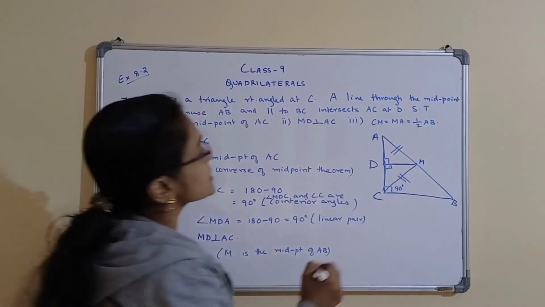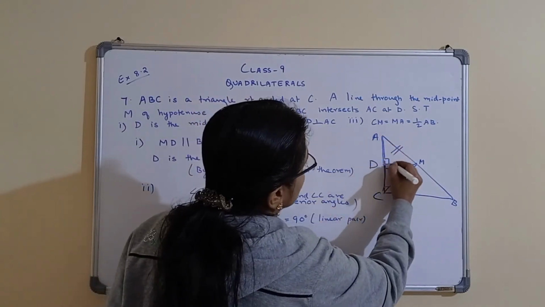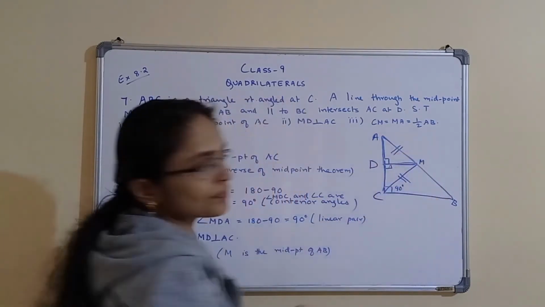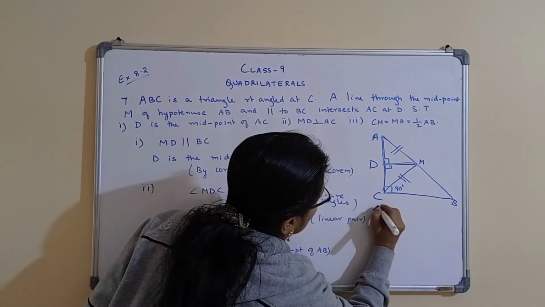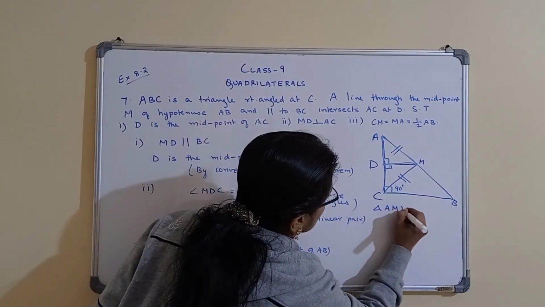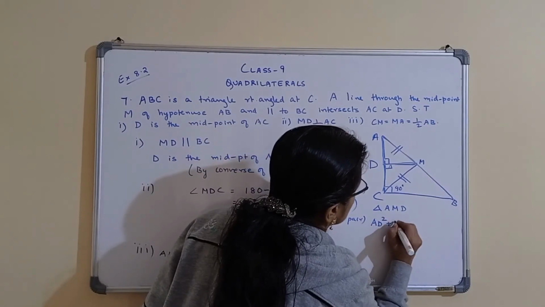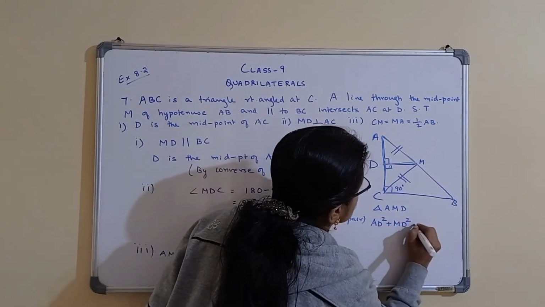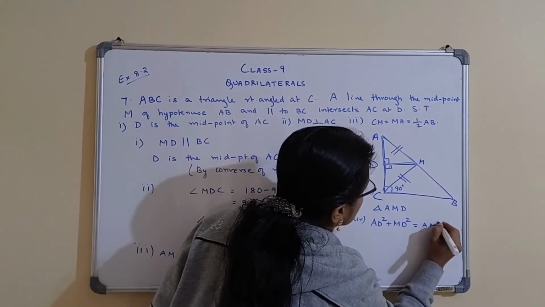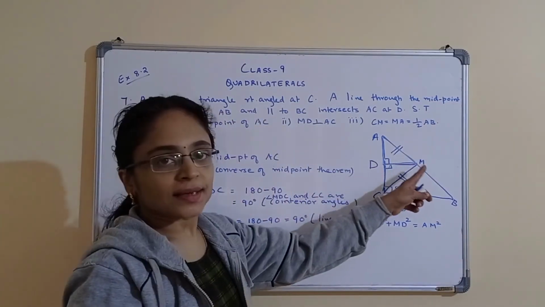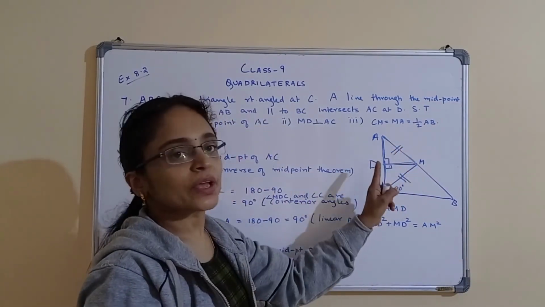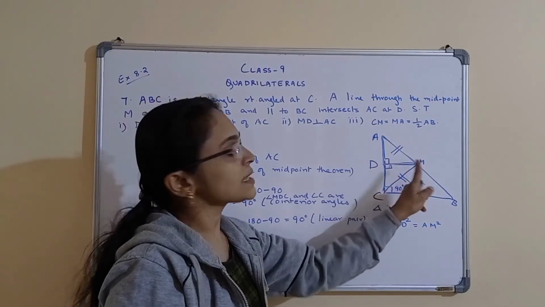For that, first let us take this triangle AMD. Okay, so taking triangle AMD, we have AD square plus MD square is equal to AM square, right? Because this is a right angled triangle, so this AM square is equal to AD square plus MD square.